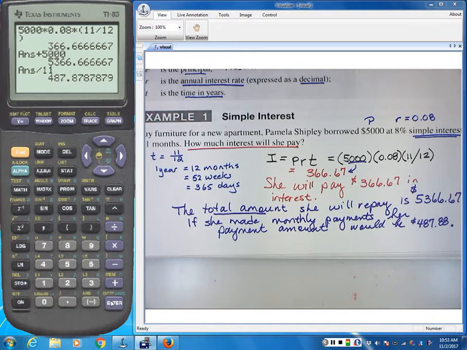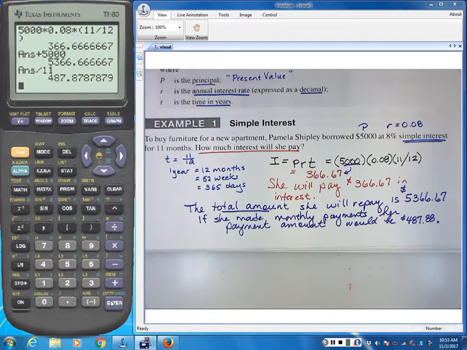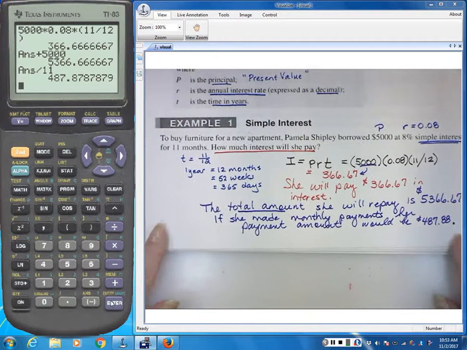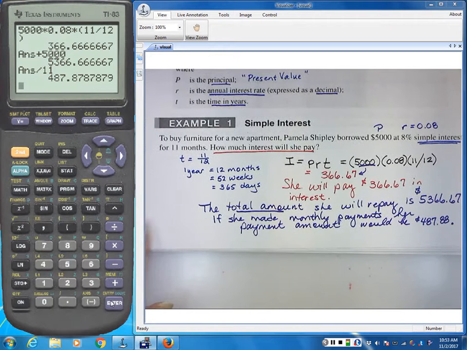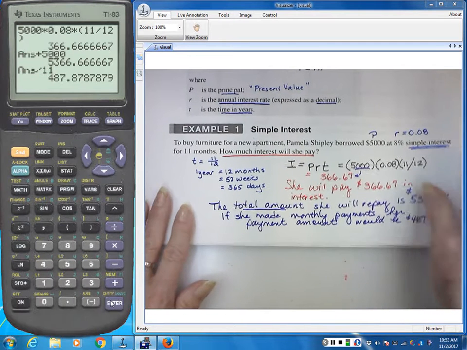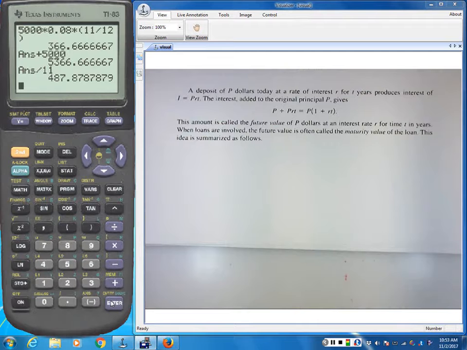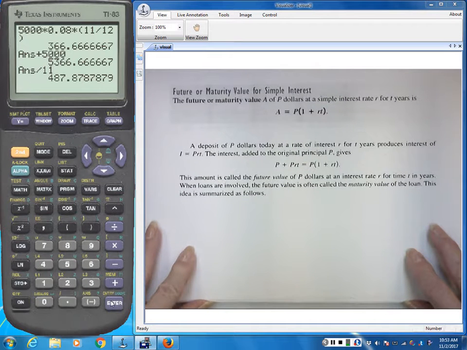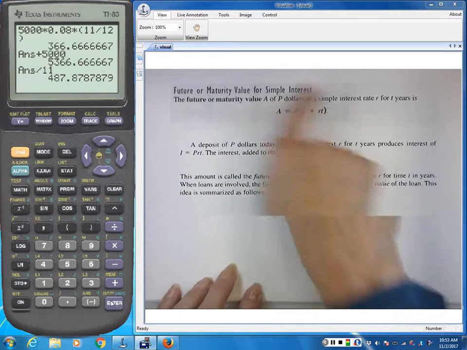Anybody have any other questions on this one? See if I can get this first. Okay, let's look at another one. And again, we're going to talk about some maturity values. And I actually kind of already talked to you about this.